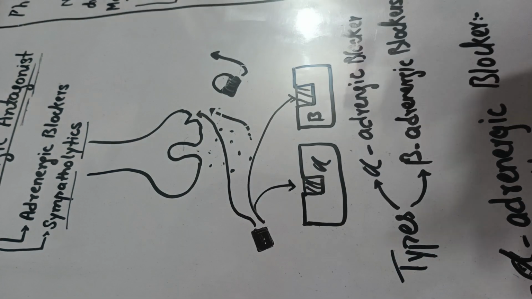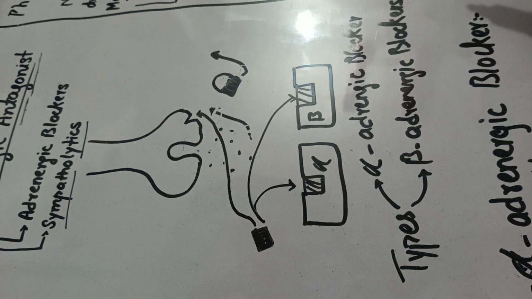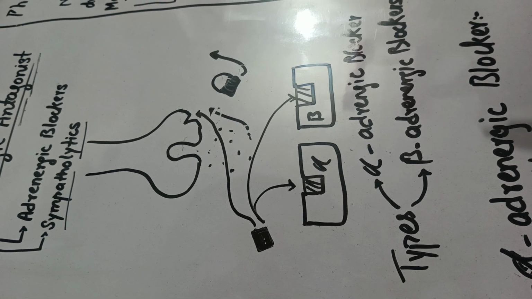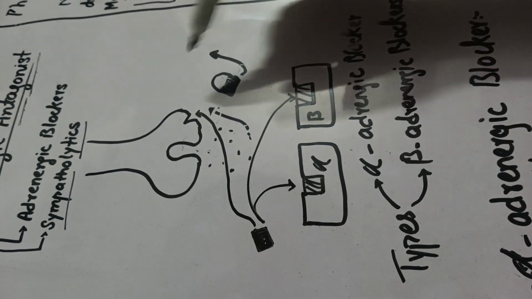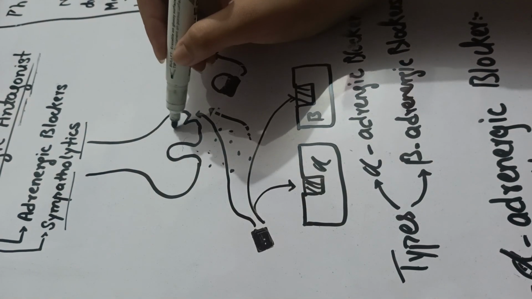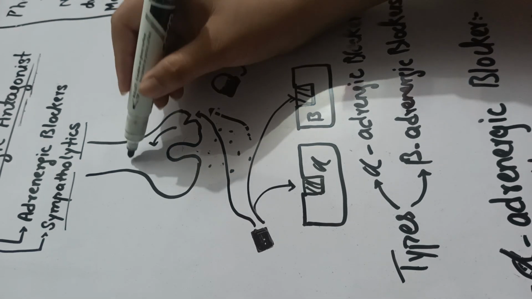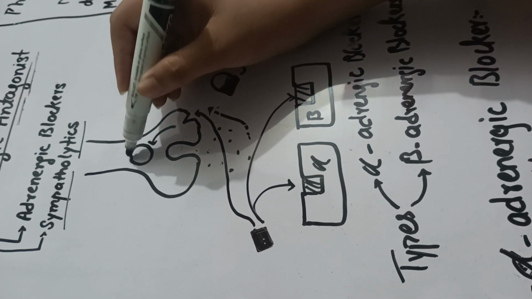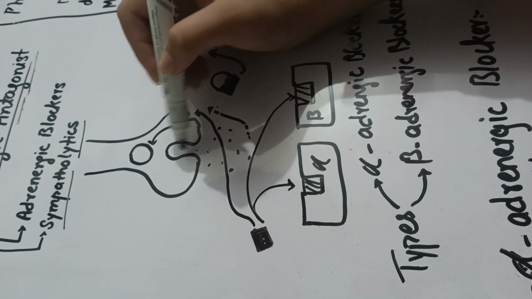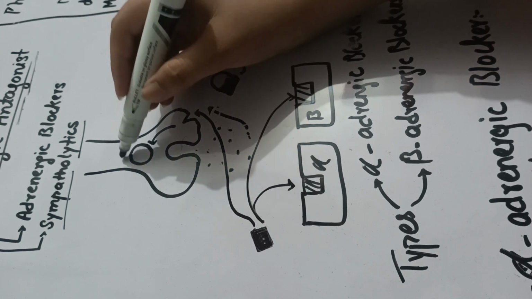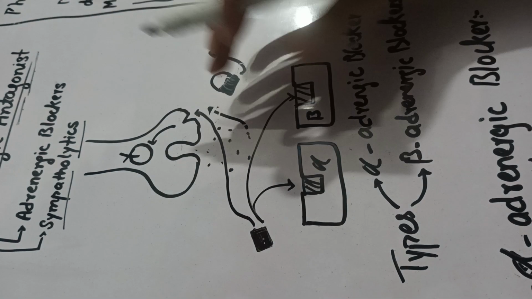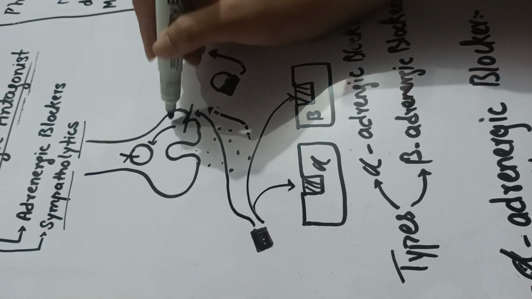So what is the function of the alpha 2 receptor? Remember clearly that on stimulation with the agonist, the alpha 2 receptor reduces the activity of the sympathetic vesicle to bind and release the epinephrine, so it is decreasing it. Now we have blocked this receptor.